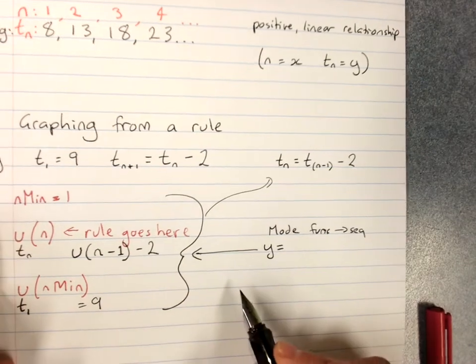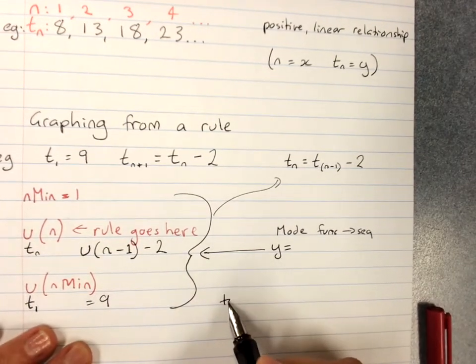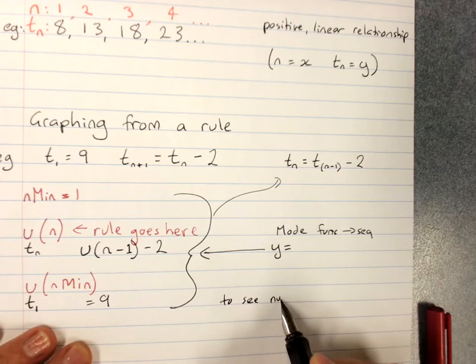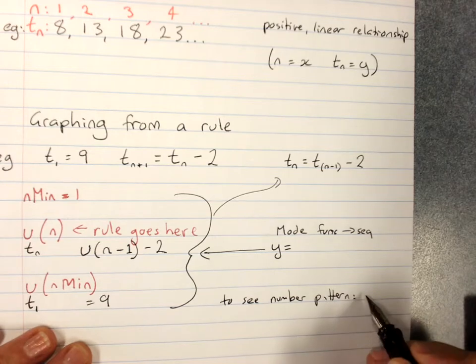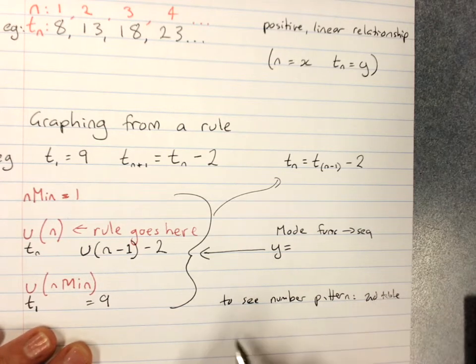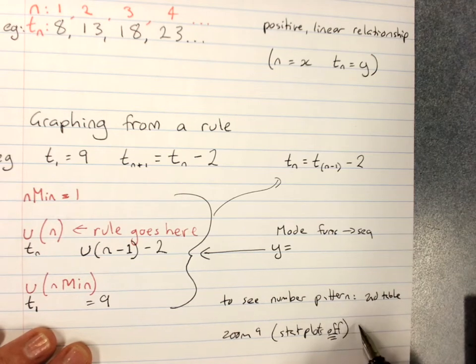I'll give you a page that describes this. To see the number pattern, second table, and zoom 9 with stat plots off for the graph.